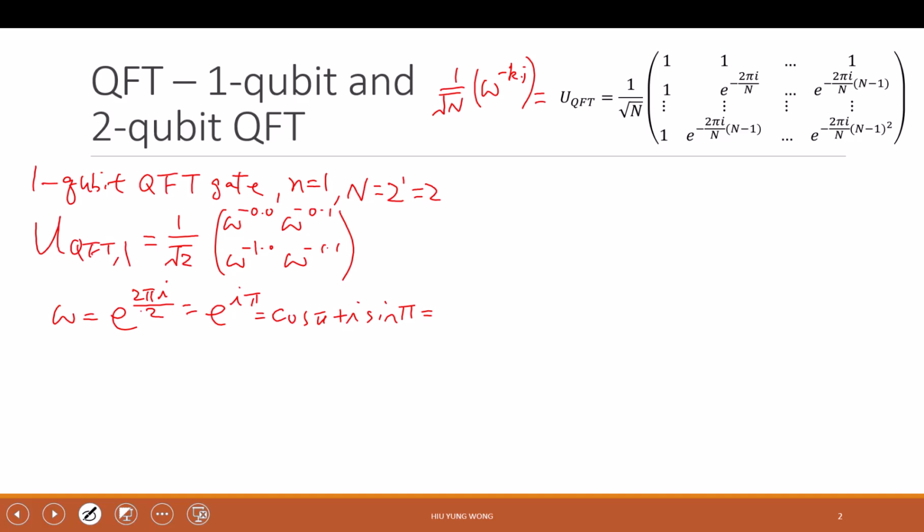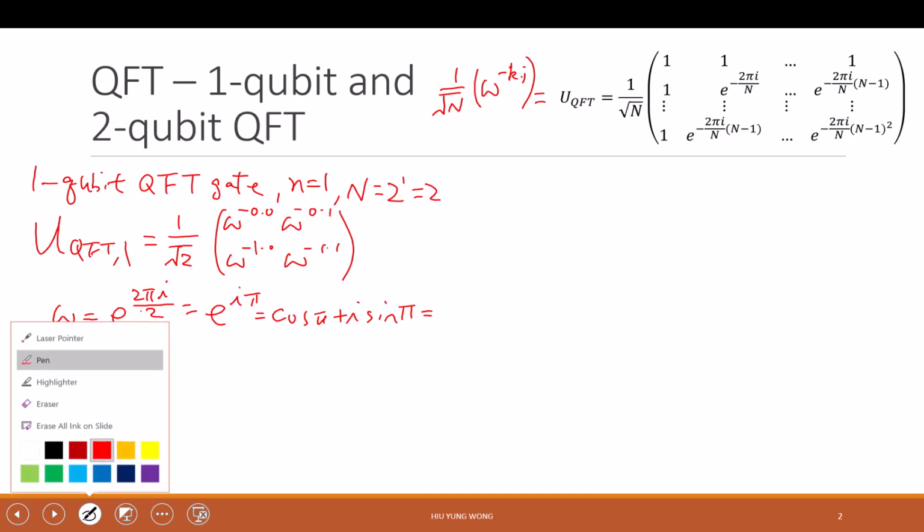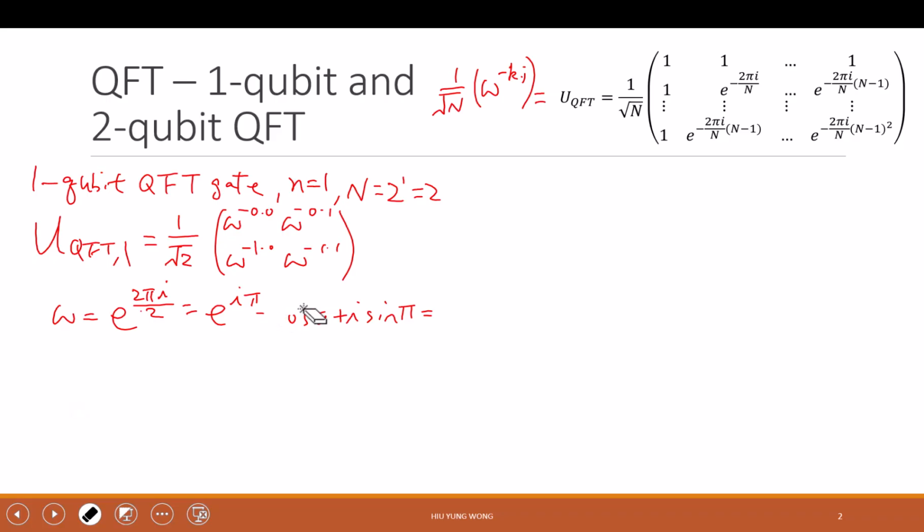But it's meaningless to do it now, because I'm not trying to evaluate omega to the power 1. So let's just stop here. My goal is to evaluate omega to the power negative 1, which is this term, which equals e to the power negative i pi.